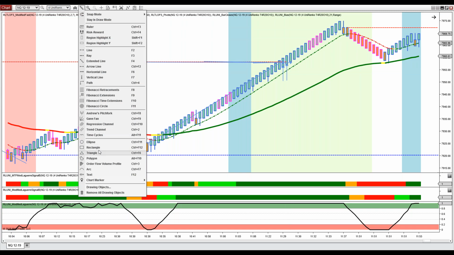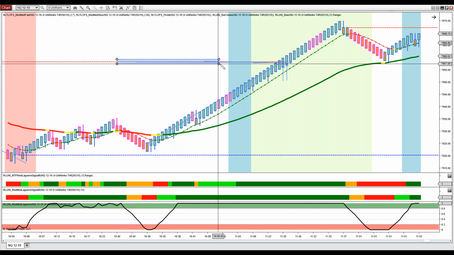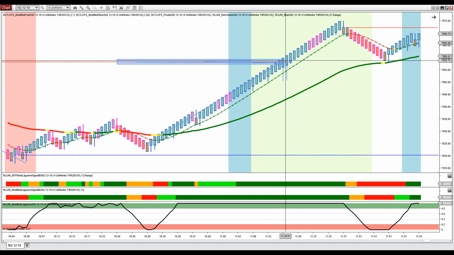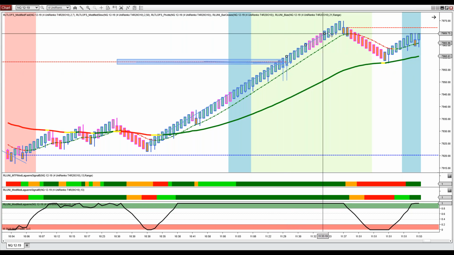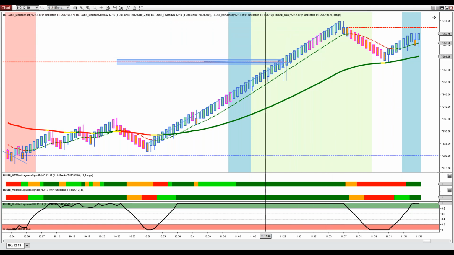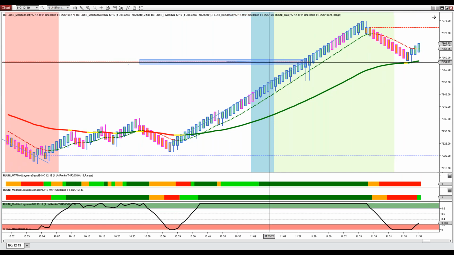We can't really define the length of the area, but don't look upon it as a one tick, pip or cent area. It's an area that defines where there's a lot of sellers. A 2/3 candle close above, right here, snaps it. All these sellers are going to get stopped out and push this trade up. That's the first addition that I added to the chart, and it gives you an entry. As far as I can tell, it's the only accurate pivot indicator that I know.